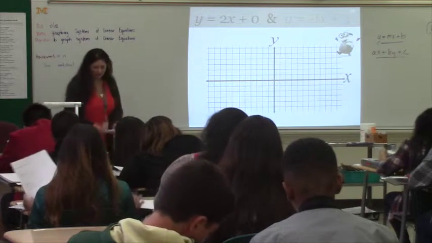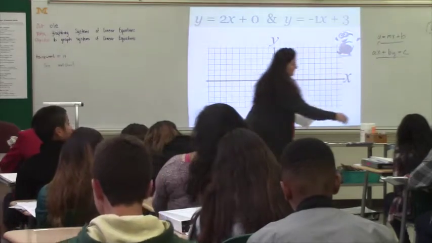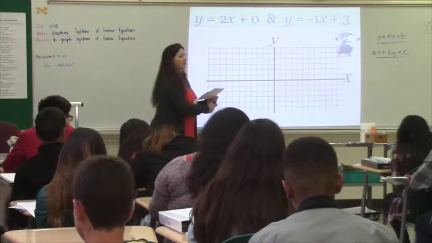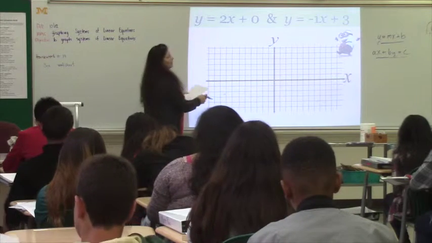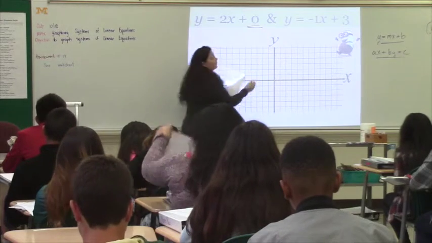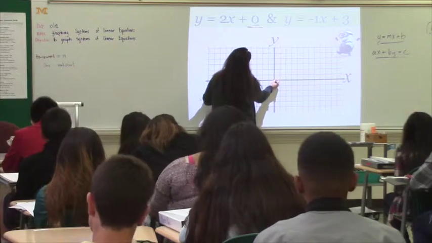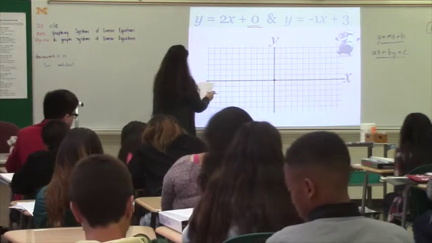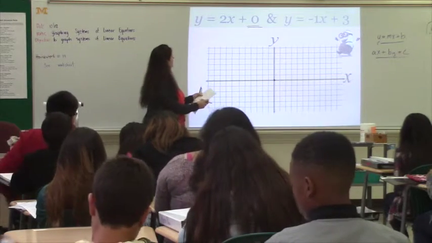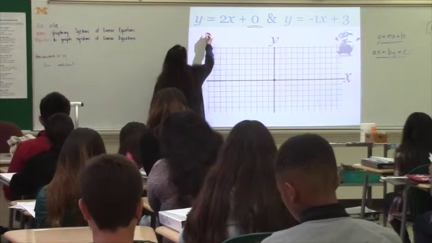Shazak, where do we begin? You begin at the y-intercept, right? What's the y-intercept for the first one? 0. It's going through the y-intercept at 0. Are we going to rise up or down? What's our slope for this one?